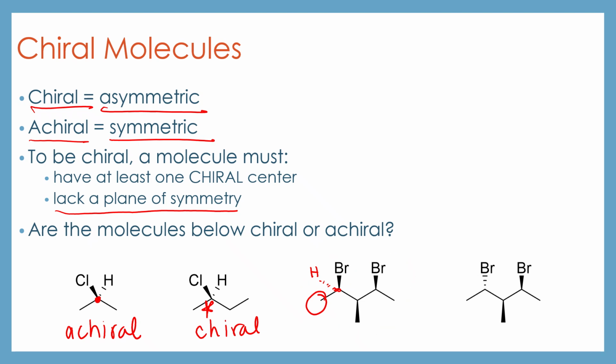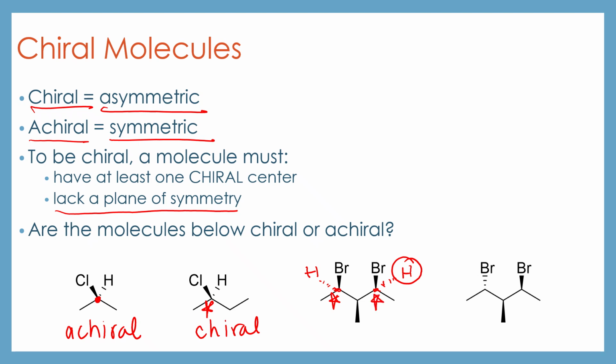That is 4 unique items. So this bromine carbon is chiral. And similarly, the other one actually has the same 4 things attached to it. So bromine, hydrogen, methyl, and then all the rest of the carbon. So the other one is chiral as well.